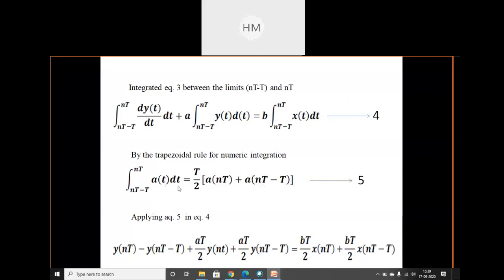Simply integrating this equation in terms of dt and putting this limit, you will get this equation. Clear? So now what we will do, applying equation 5 in equation number 4, you will get this final equation like this. Please write down this equation.